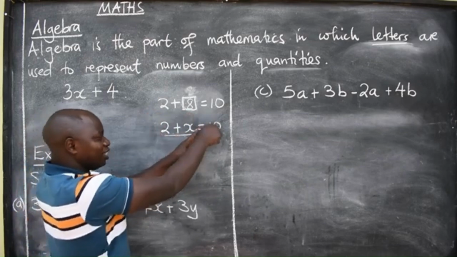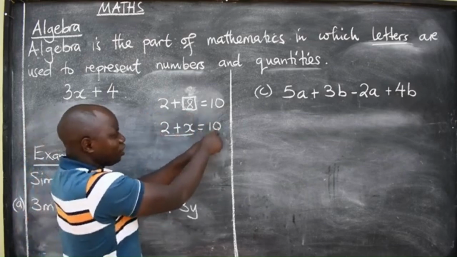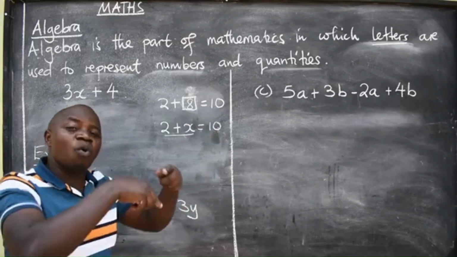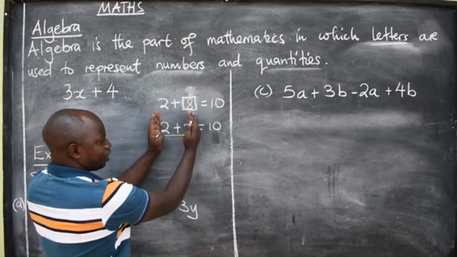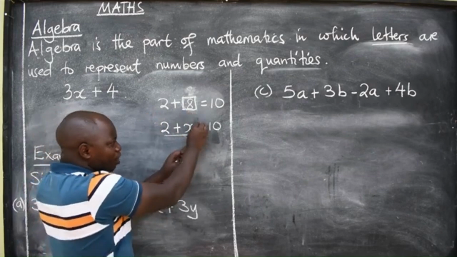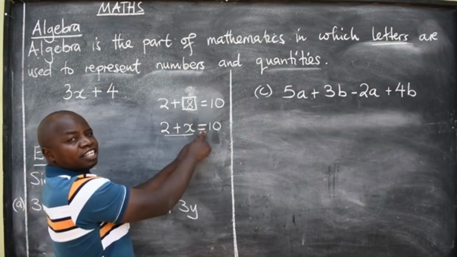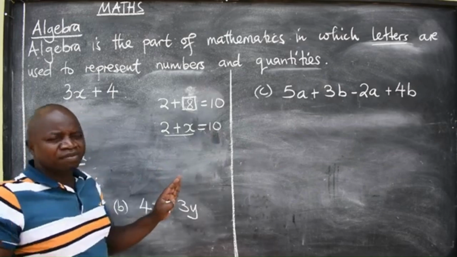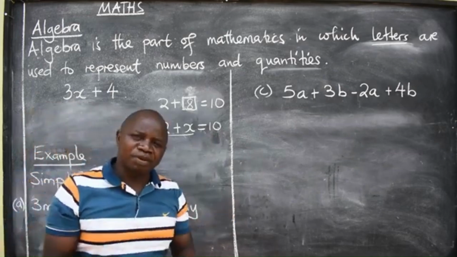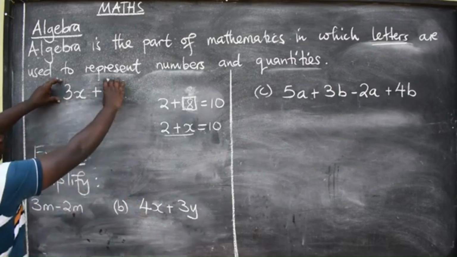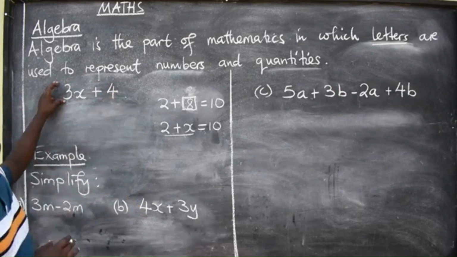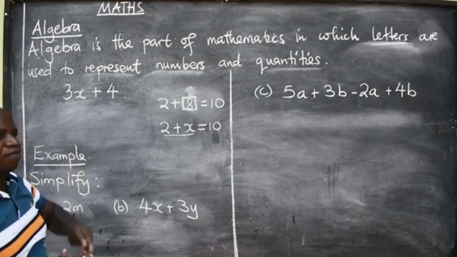But when I equate it to something, like equal to 10, it becomes an equation. Understand those things. The moment you introduce this equal sign, it's no longer an expression, but it becomes an equation. So now our interest is in this expression here, 3x plus 4.